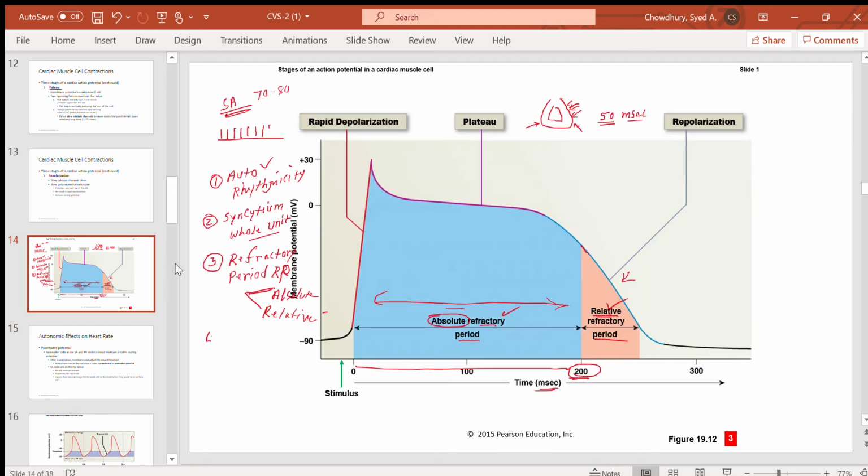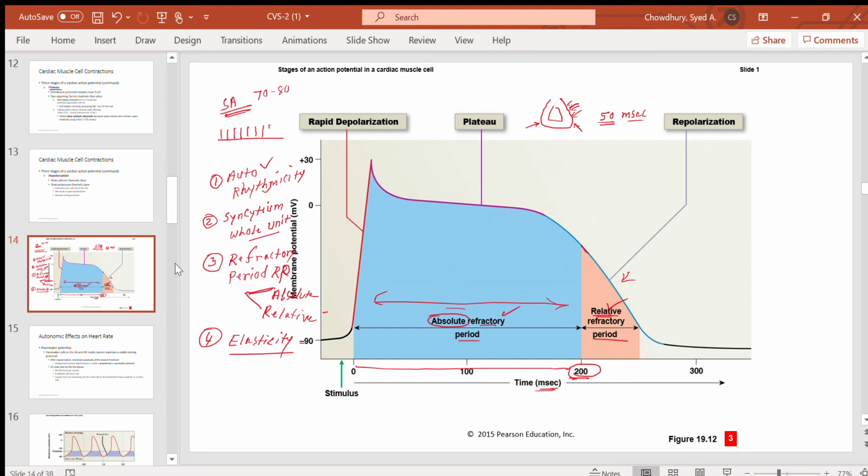Okay, so those are some important properties. Another important property is elasticity. These are physiological or functional properties. Elasticity means the heart muscle can be stretched. If you pull the heart muscle, it will get longer, and when you remove that pressure, it will go back to its actual shape.